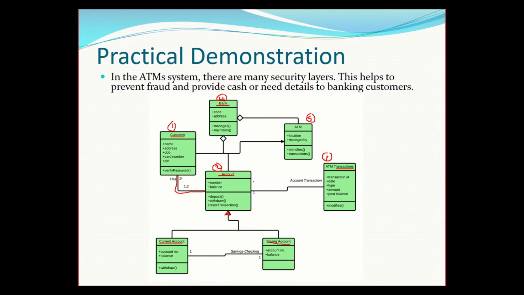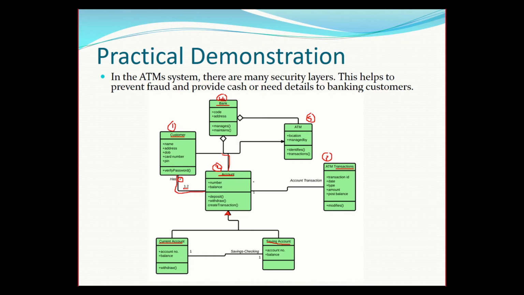Now each customer can have one or two accounts. So each customer in the same bank will have one or two accounts, and the account is part of what? Part of the bank.